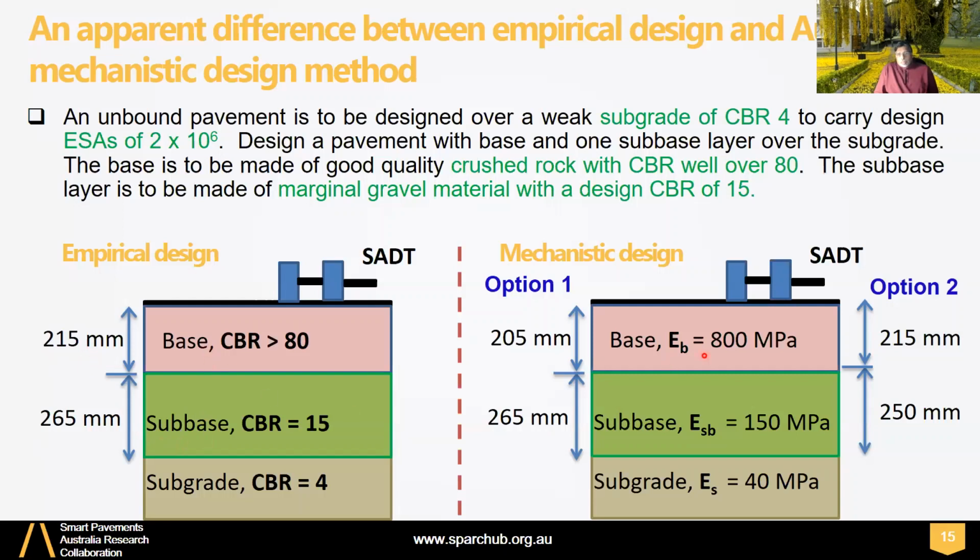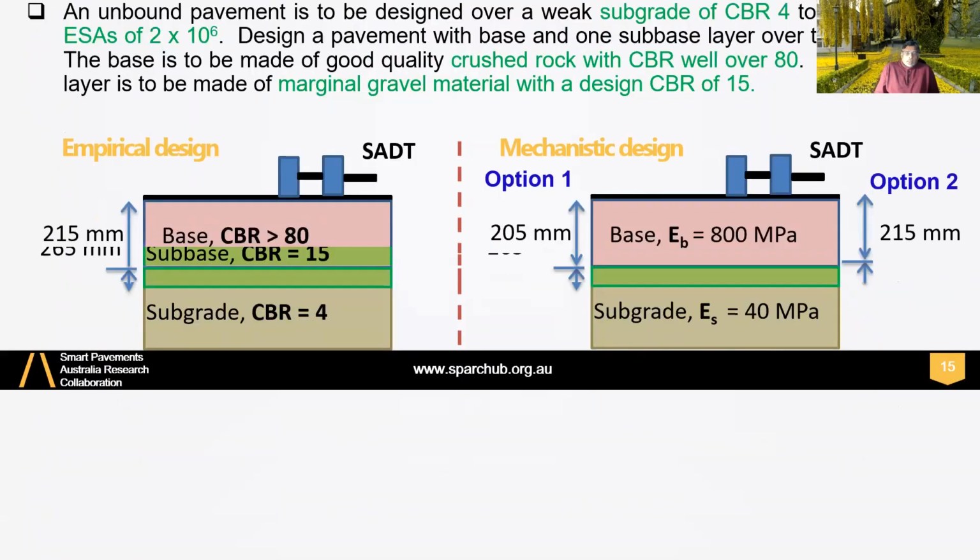But if you go to mechanistic design, we have various options for how to differentiate these two layers. In this example, we got 265 millimeters for the sub-base and 205 millimeters for the base, and you get the same life. Alternatively, we can select 215 for the base and 250 for the sub-base. Of course, this may be more economical. So that option is also there.